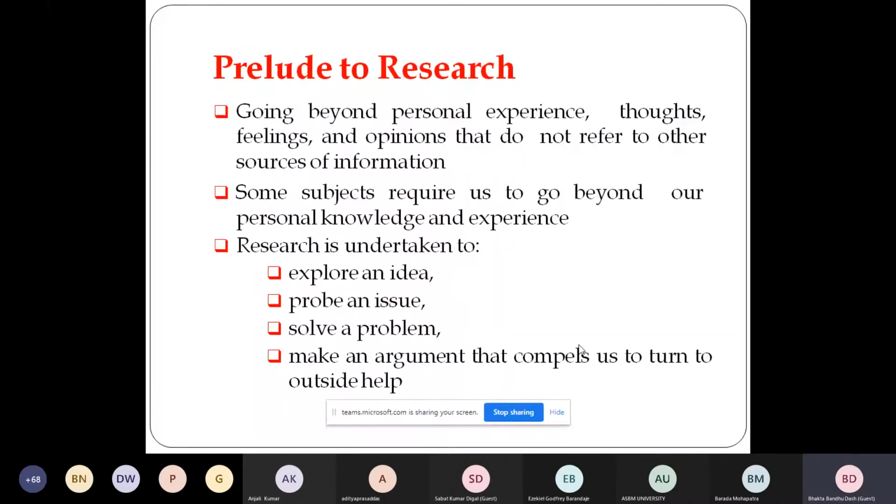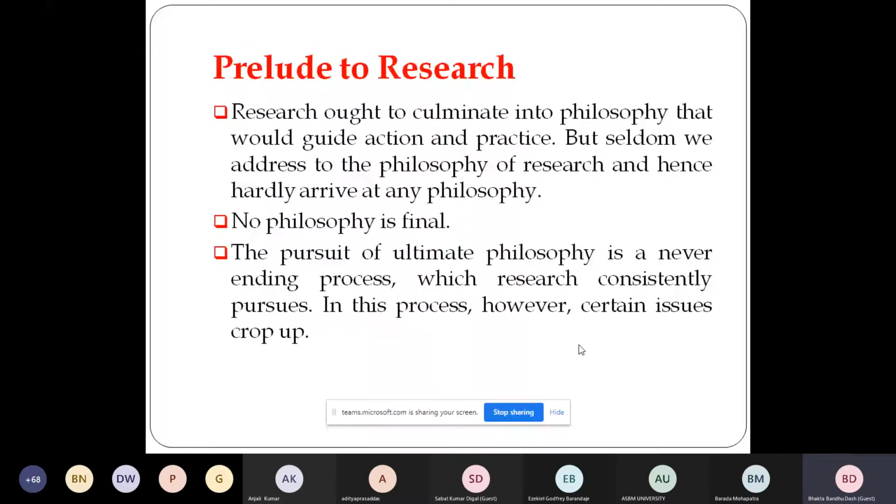So when I talk about research, it's a kind of philosophy that you usually establish. But one thing I just want to tell you is that any philosophy you are talking about, not a single philosophy is absolute in nature. Seldom do we address the philosophy of research, and hardly do we arrive at any philosophy.